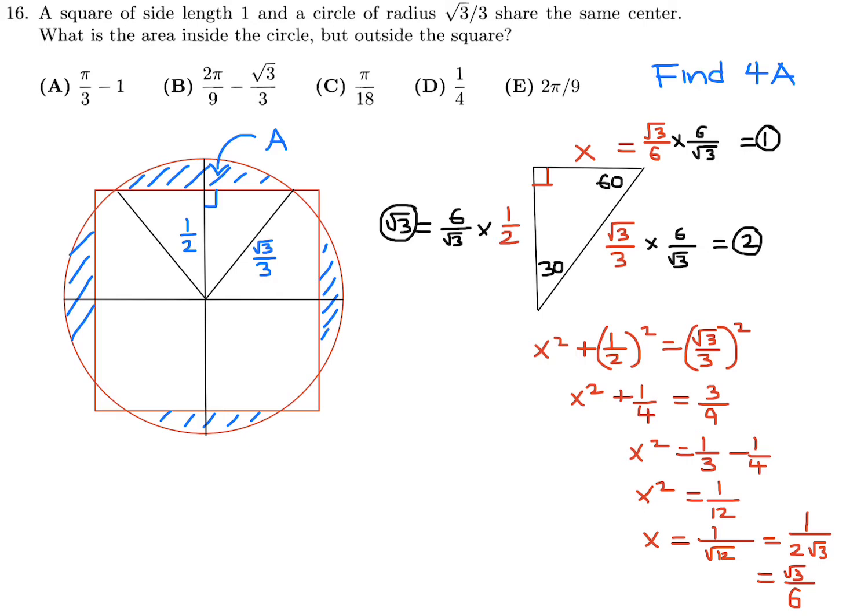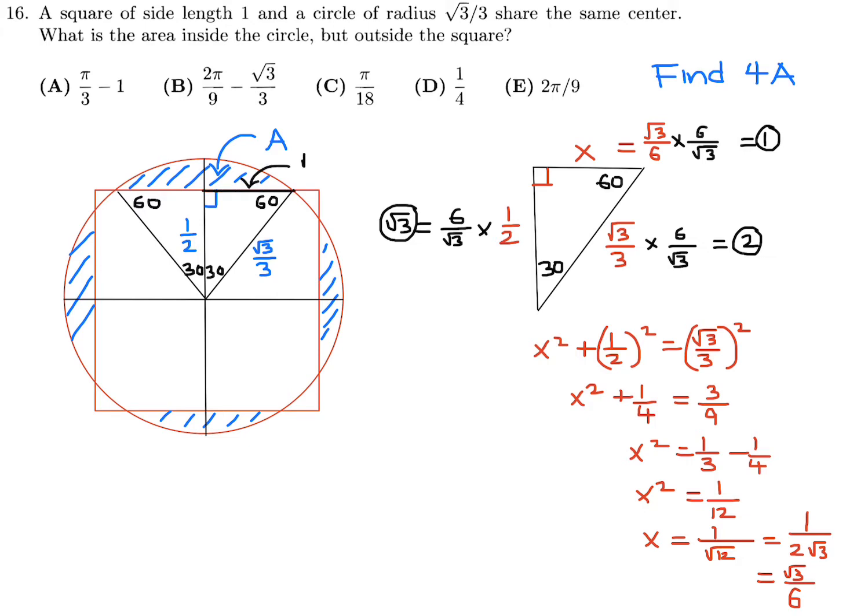So if this is 30, 60, 90, that means this is 30, this is 60, and this is 30 and 60 right there. So this length we just got was root 3 over 6 right here.